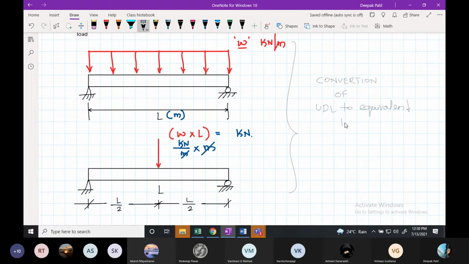This is very important because in most of the numerical examples we do, we frequently do this conversion. Now this is regarding converting a uniformly distributed load to an equivalent point load.